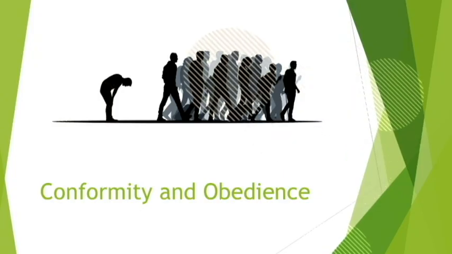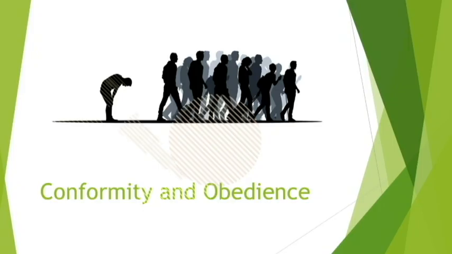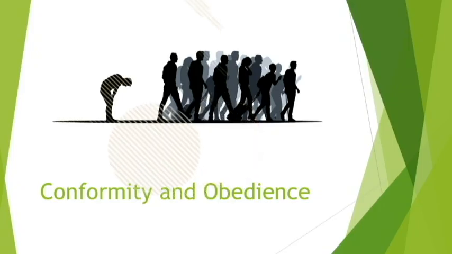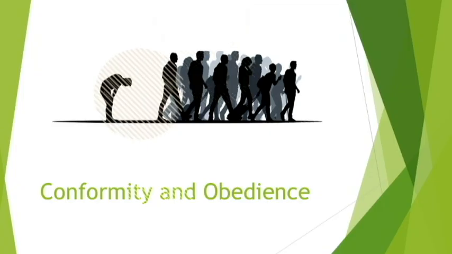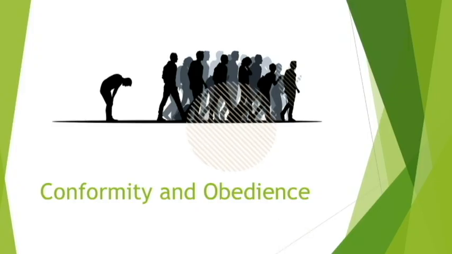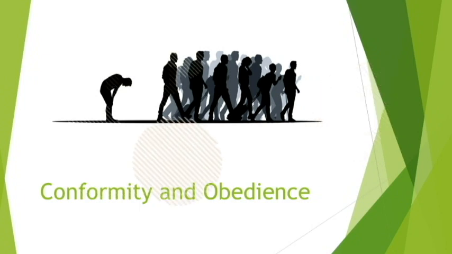The experiment had to be stopped after only 6 days because the participants took on their roles to such an extreme degree that the guards became abusive and the prisoners became submissive. And this study, while it's controversial, really does highlight the powerful influence of social roles and group dynamics on behavior.